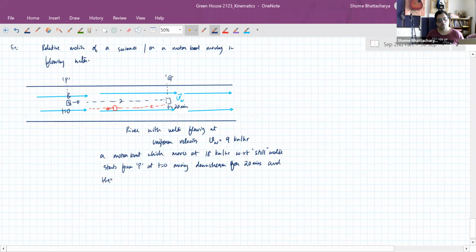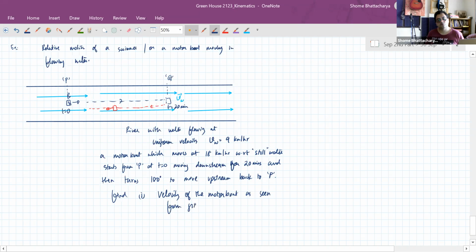And then turns 180 degrees to move upstream back to P. We want to find the velocity of the motorboat as seen from the ground frame when moving downstream, that is P to Q, and then when coming back upstream.